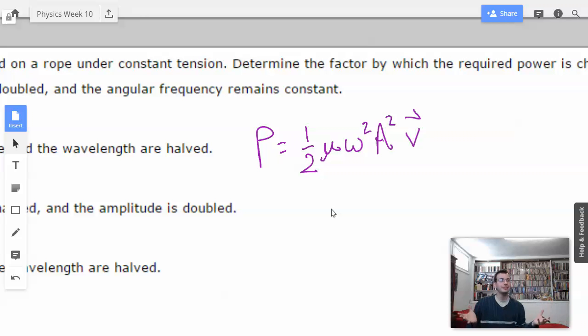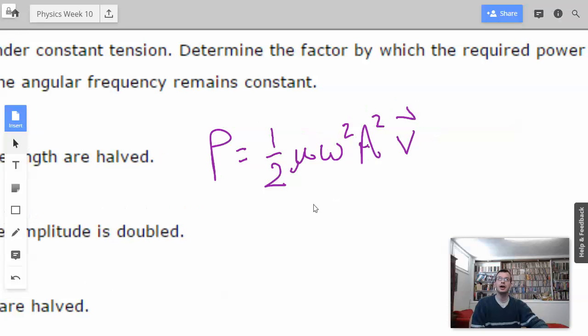You probably have the skills to actually derive this if you cared to. I wouldn't bother, but this is basically the same as the equation for kinetic energy divided by time. So you have omega, which is kind of like velocity. You have mu, which is mass per unit length.